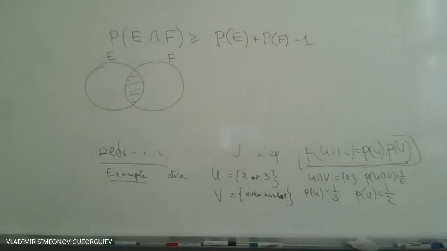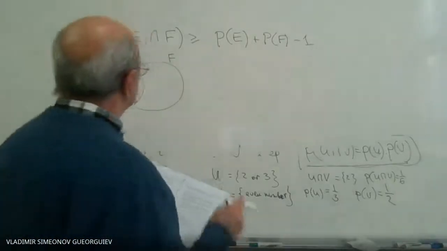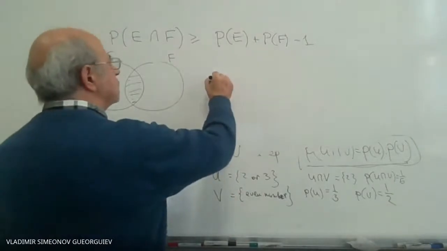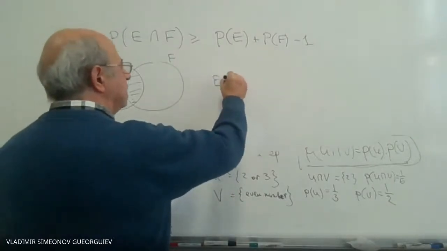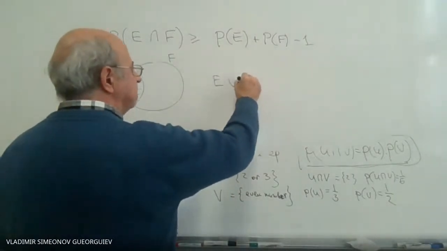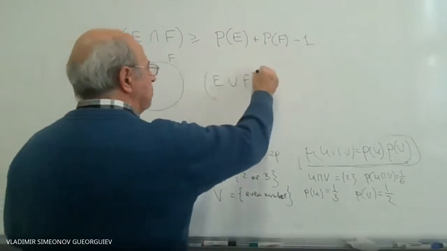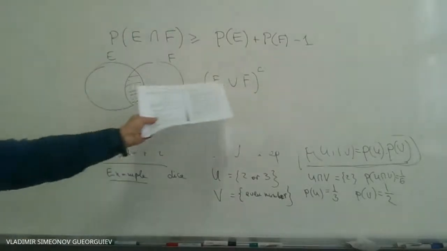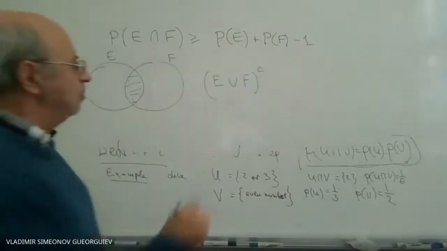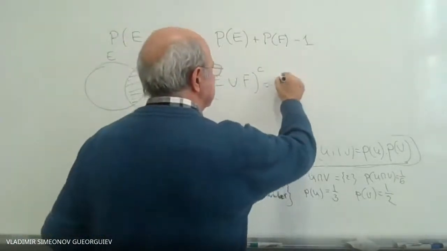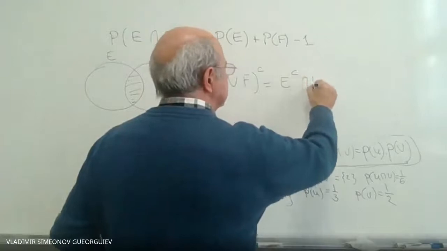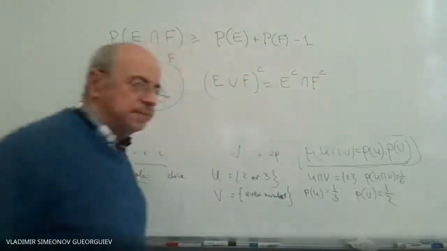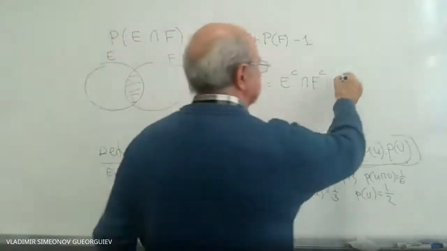We know that the complementary set of A union F, according to the De Morgan formula, if I have a union and then the complementary, becomes A complementary intersected with F complementary. This is De Morgan.